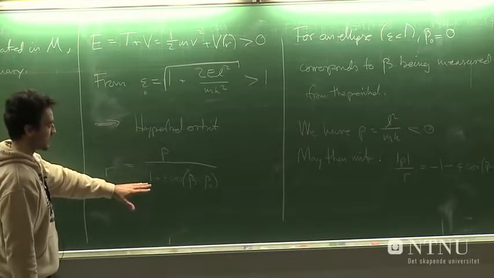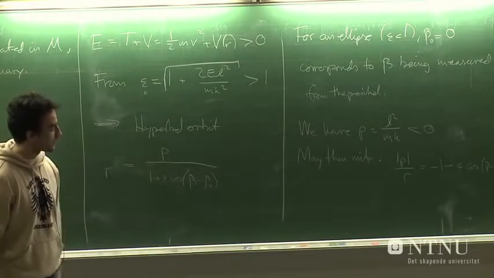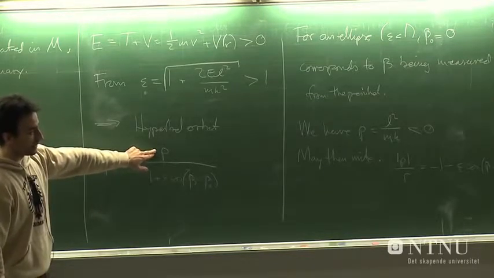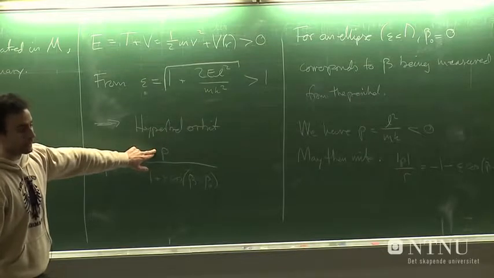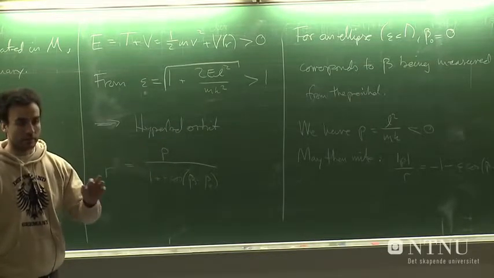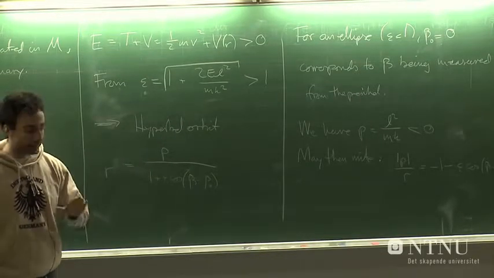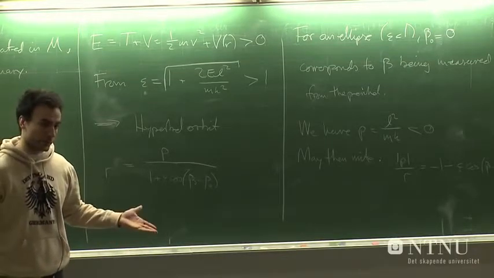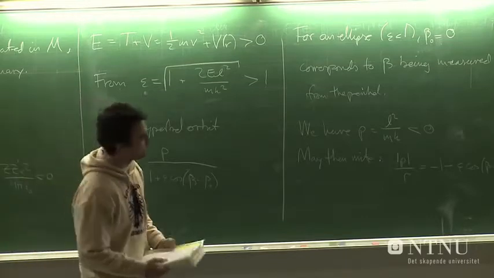But we could just as easily have seen it from this equation here. So just keep in mind that the sign of p here requires a different choice of the integration constant if we want the angle to be measured from the perihelion. If we don't want this, then fine, you can choose whatever you want. But it's convenient.